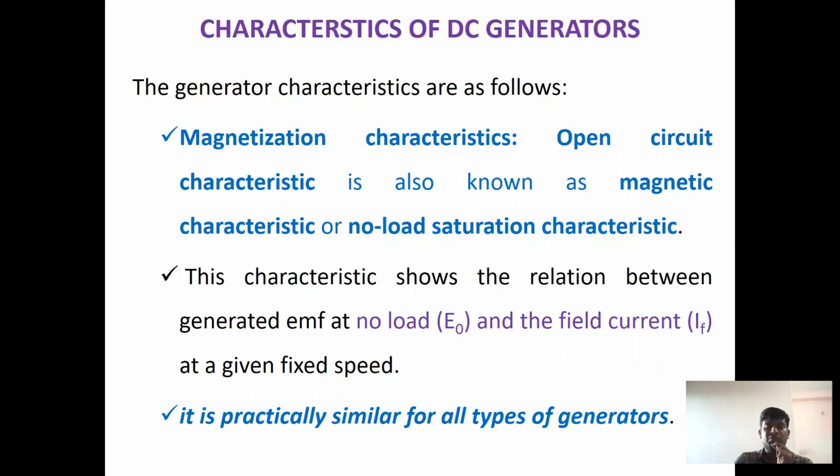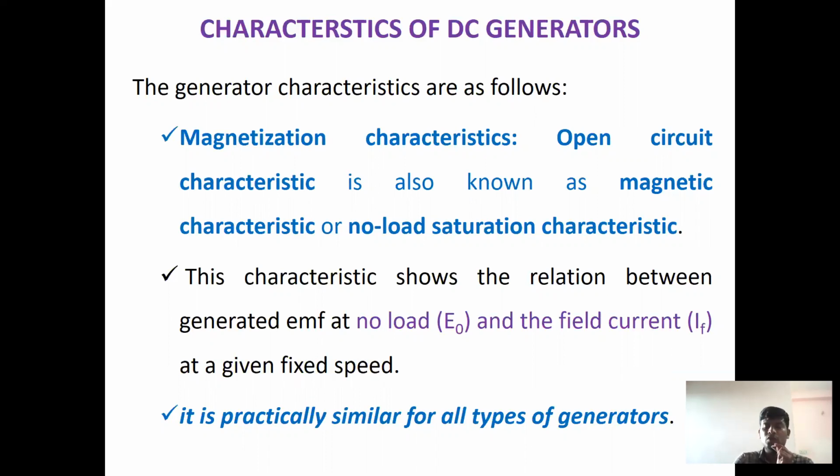That is the magnetization characteristics. In this, we plot the graph of no load voltage, which means the output side has open terminals, so the load circuit is open. So it is an open circuit characteristic.